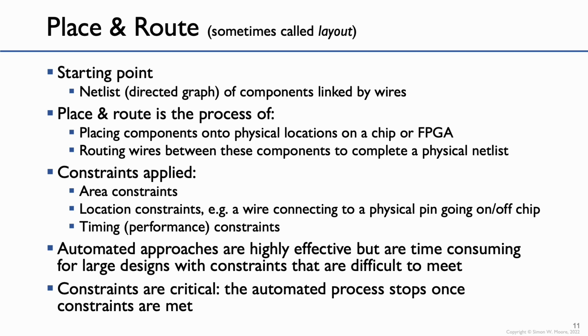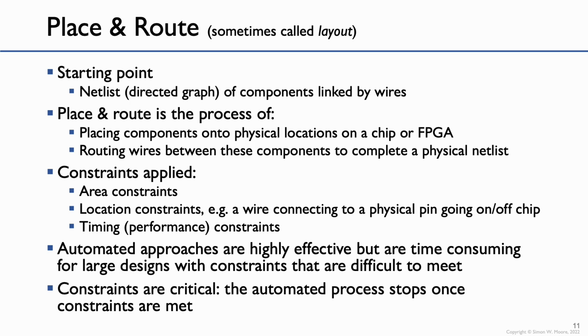There are constraints applied to the place and route tool, so there are area constraints, how big we want it to be. There might be localization constraints. So for example, a wire might need to be connected to a particular physical pin going on and off chip. And there's usually timing and performance constraints.